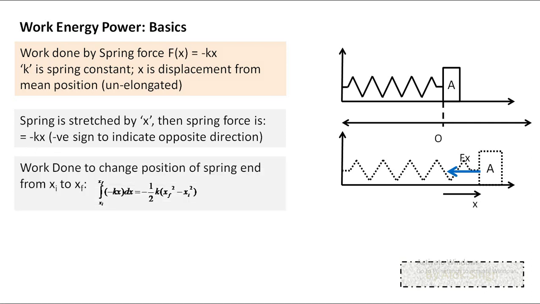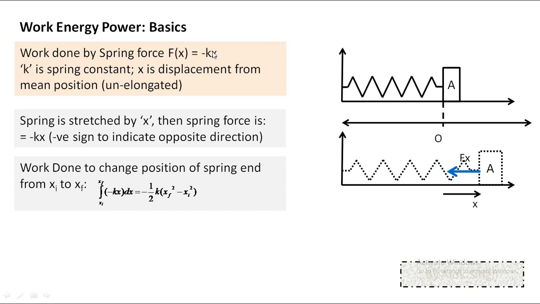So what will be the work done to change the position of the spring end from xi to xf? It is one dimensional motion with variable force. So my formula for calculation of work done will be integration of Fx dx, or I can write it as F into dx into cos theta, magnitude of force into displacement into cos of the angle between them.